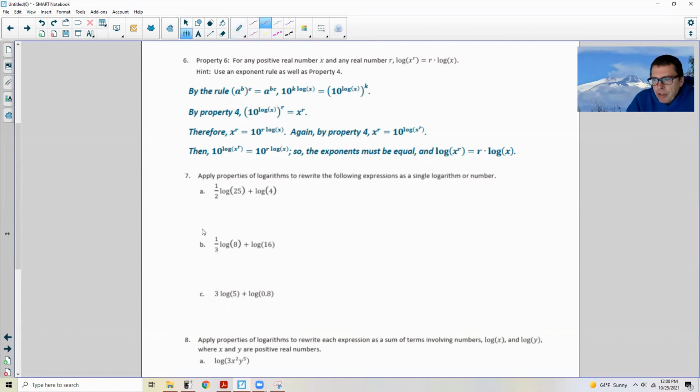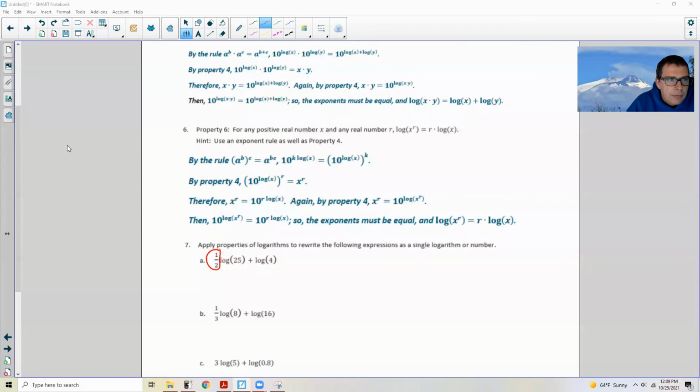It says apply the properties of logarithms to rewrite the following expressions as a single logarithm or number. So we're taking the rule where the power that was moved out in front actually came from this 1/2 out in front. Okay, I had to fix my pen there, it failed.